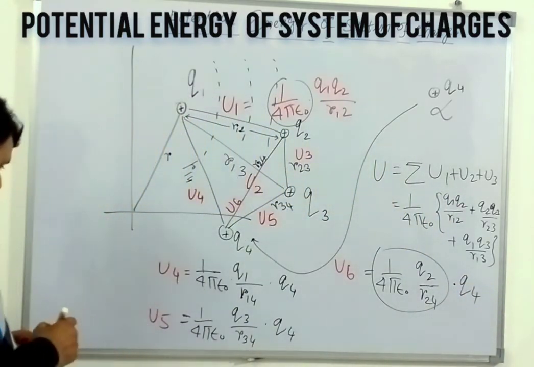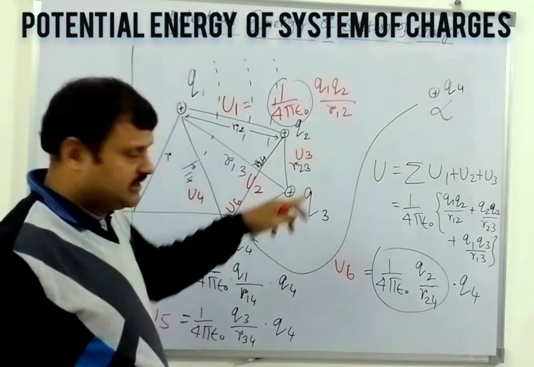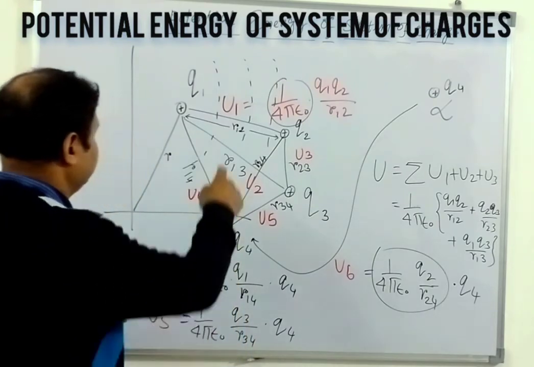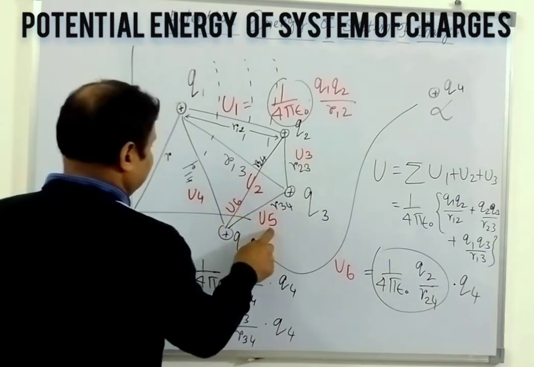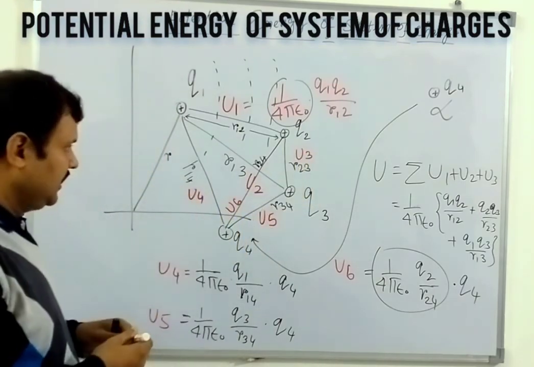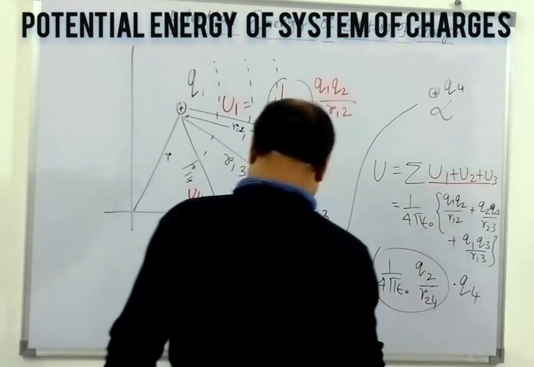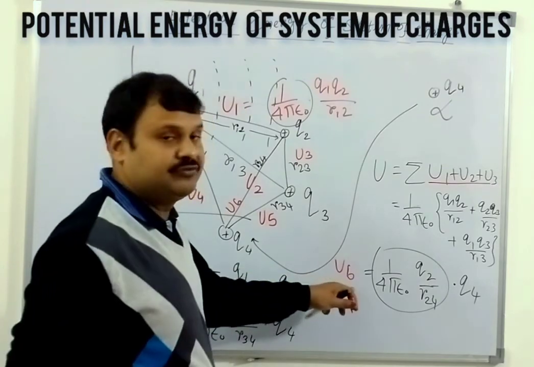Now you see, for this 4 charge system configuration, we need to do all this work: U1, U2, U3, U4, U5, U6. Earlier we already got the 3-point charge system, U1, U2, U3. Now we have to add U4, U5 and U6 as well.